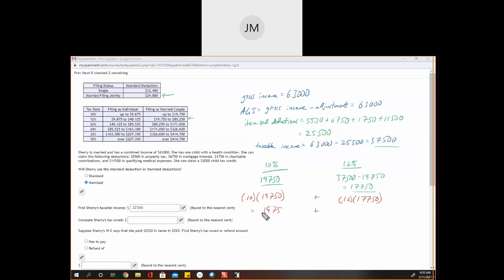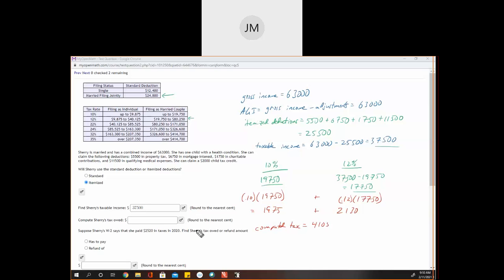For the 10%, we get 1,975, and for the 12% of the 17,750, we get 2,130. I add these two and get 4,105 as our computed tax.